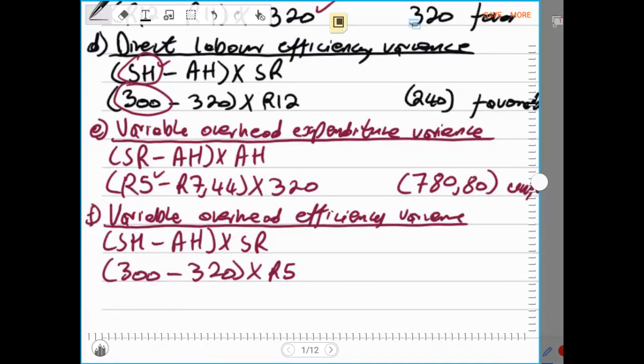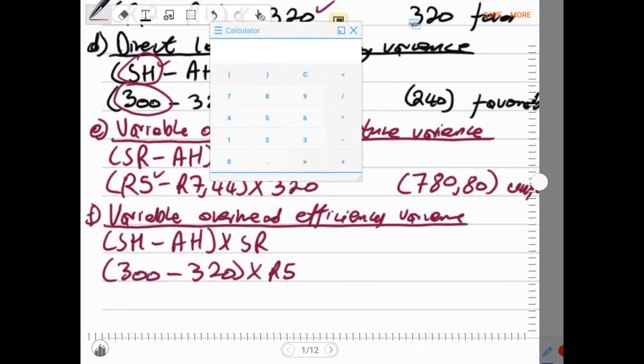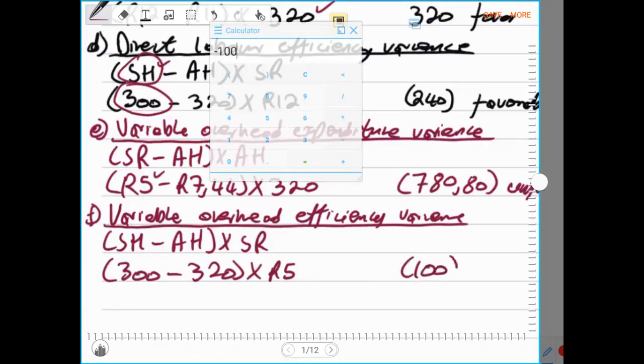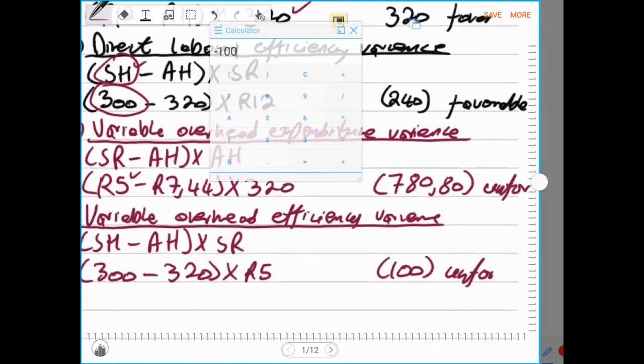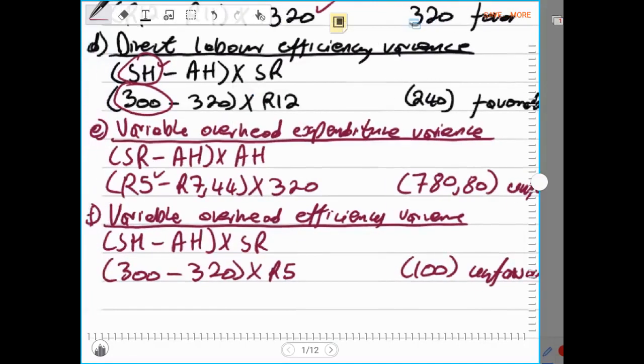Therefore, once again, we get an unfavorable variance. 300 minus 320, and we times this by 5, and it gives us 100 rand. It is an unfavorable variance of 100 rand.